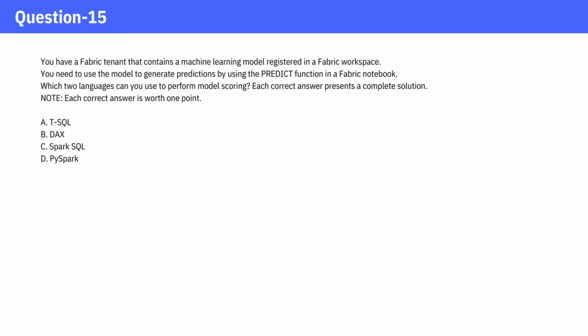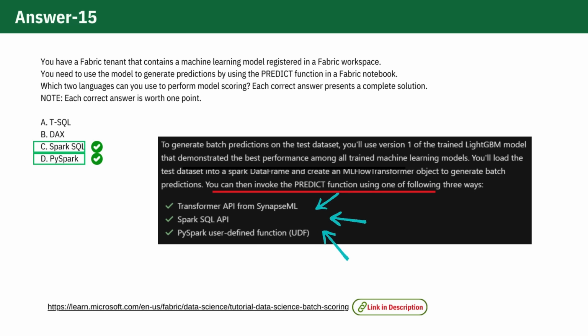Pause the video and take a moment to think and check the answer. The correct answer is Spark SQL and PySpark. According to the Microsoft documentation, you can invoke the predict function using the Transformer API from SynapseML, the Spark SQL API, or a PySpark User-Defined Function, UDF.